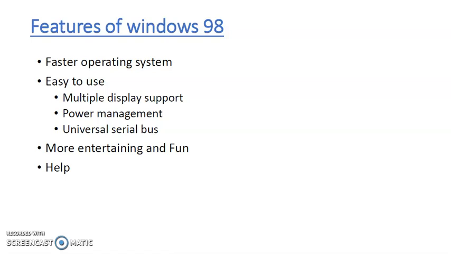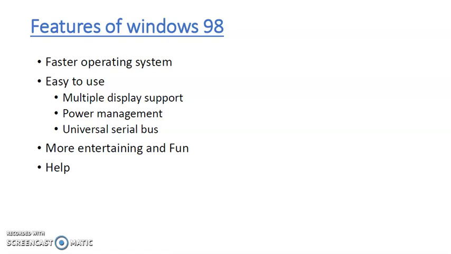Nowadays, in companies, this feature of Windows 98 is widely used. Then the next one is power management. Nowadays, using power management techniques, you can start your computer in just a few seconds, or you can restore all your programs where you left them.